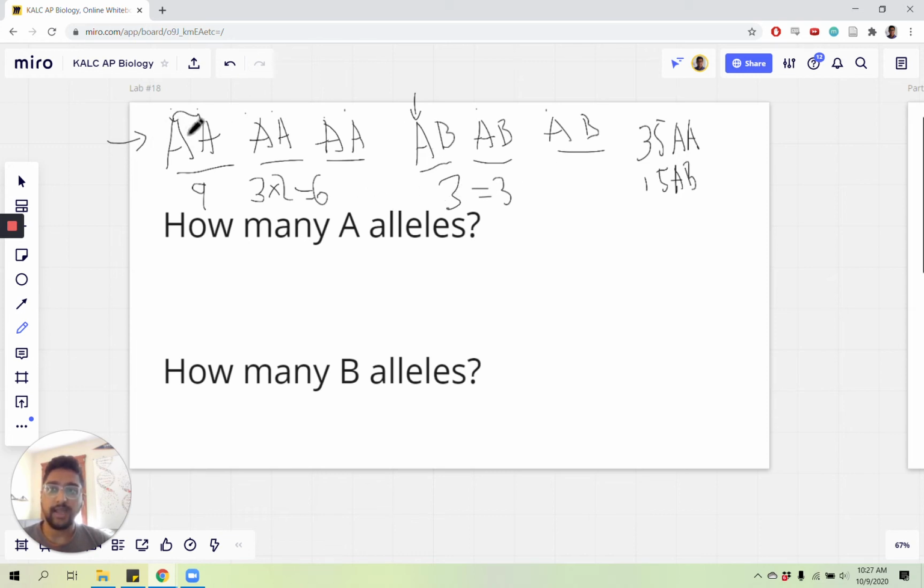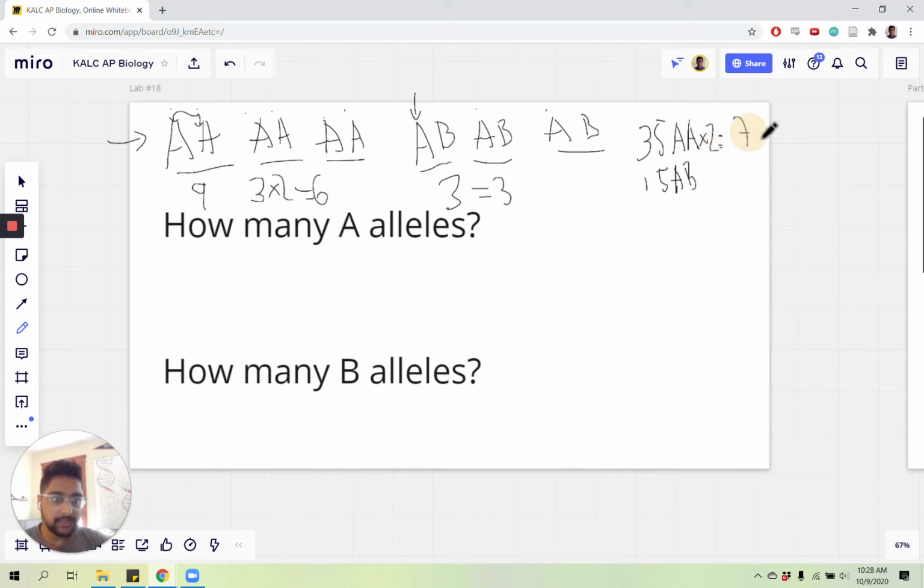And so we can find the combination of the alleles just based on multiplying the number of AA we have by 2, and then adding it to just the number of AB. So we can do that here too. If we have 35 individuals that are AA, we can multiply that by 2, because we know that each individual with AA gives us 2 A alleles.